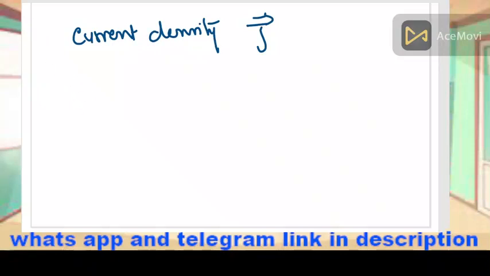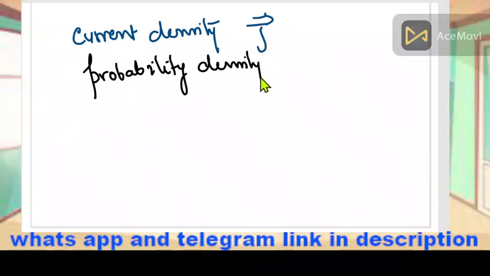So here also we are representing the probability current density, or simply the probability current, by this quantity J.